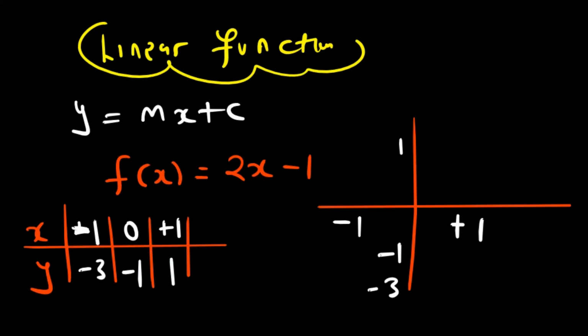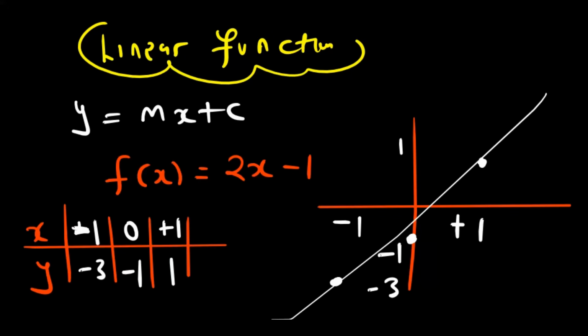Basically that. Then let's plot: -1, -3 is somewhere here. Then 0, -1 is probably somewhere there. Then +1, 1 maybe somewhere there. So we are able to see that this is just going to be a straight line going like that.